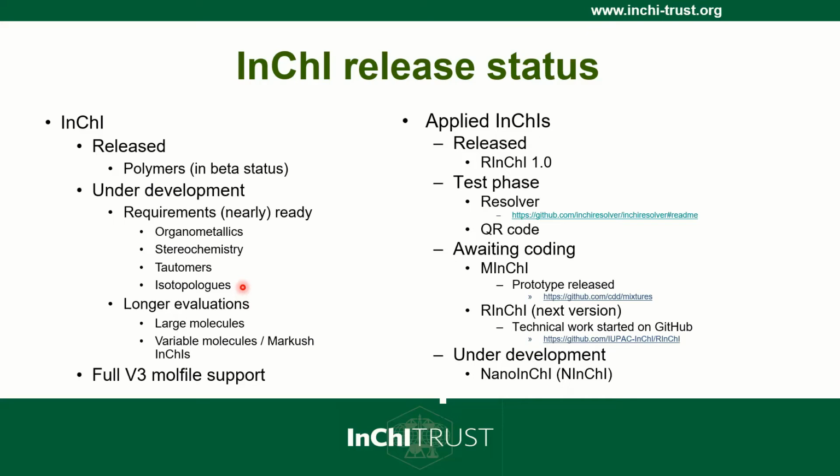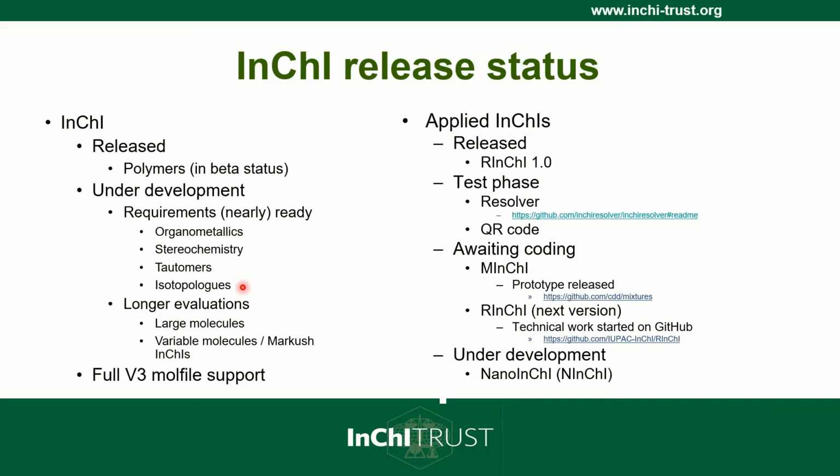What you see right now, those parts that are really under development, large molecules, is just in a status where we are setting up the scope. It looks like HELM is going to play a very important role in the further development, and we have to find ways that HELM, which is not canonicalized in its representation, gets a canonicalization by InChI.